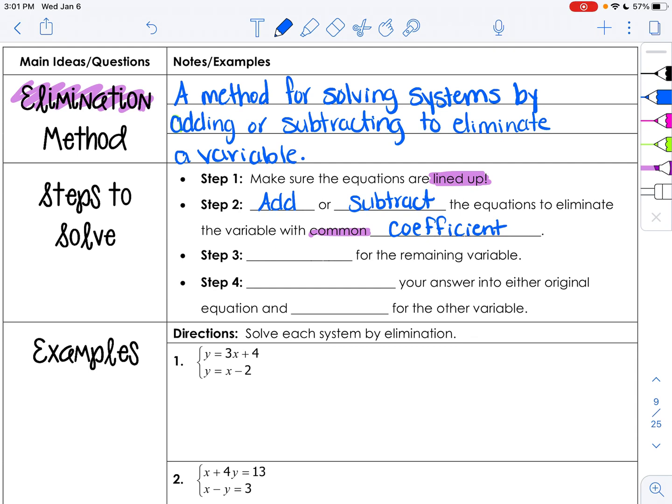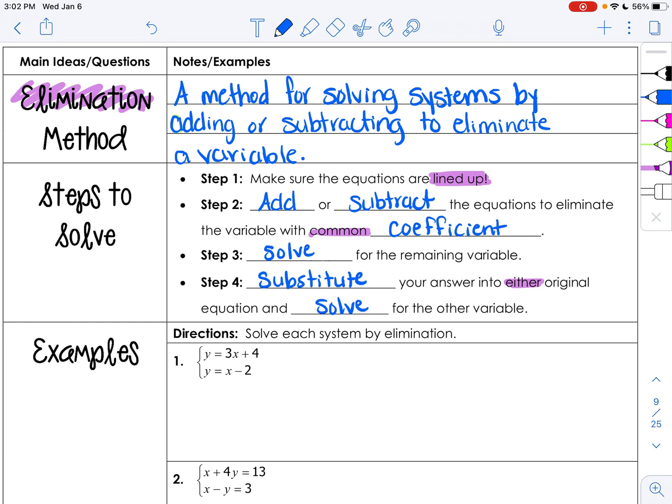Step 3, you're then going to solve for the remaining variable. Step 4, you're going to then substitute your answer into either of your original equations and then solve for the other variable.